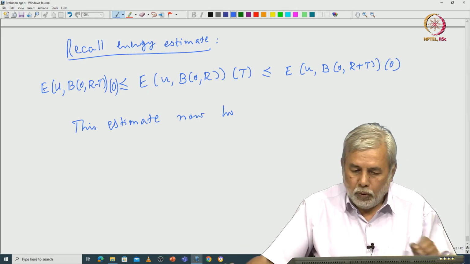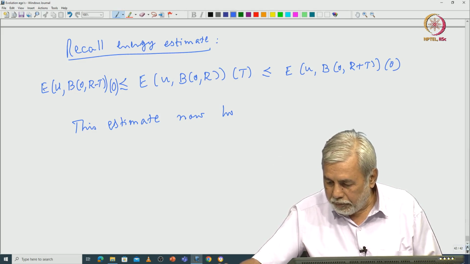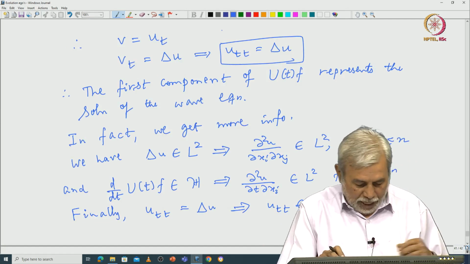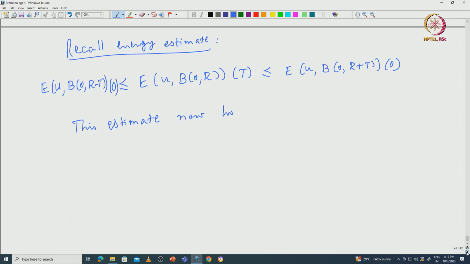But now with all these conclusions on the solution, u and all its second derivatives, and of course first derivatives are already there, that is part of the definition of the space H, this estimate now holds for the solution obtained from the semigroup.